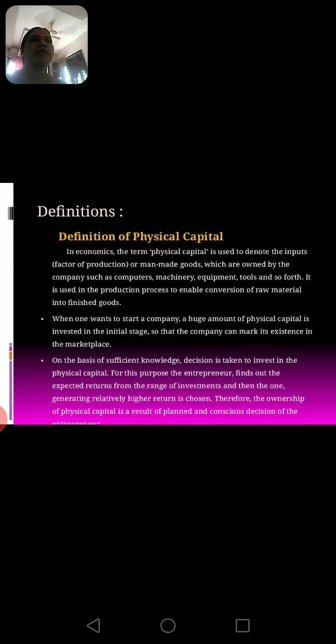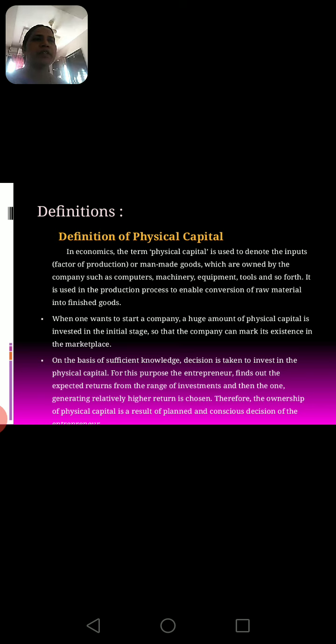When one wants to start a company, a huge amount of fiscal capital is invested in the initial stage so that the company can make its existence in the marketplace. On the basis of sufficient knowledge, a decision is taken to invest in the fiscal capital.